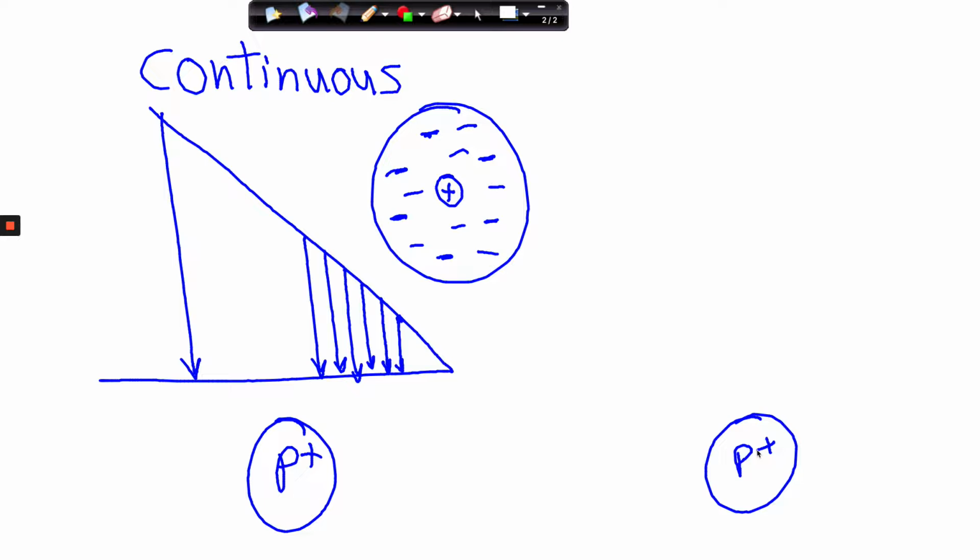Bohr brought these ideas together, and he fell upon a model called the quantized. It's not quantitized, it's quantized. Q-U-A-N-T-I-Z-E-D. The quantized model of energy.